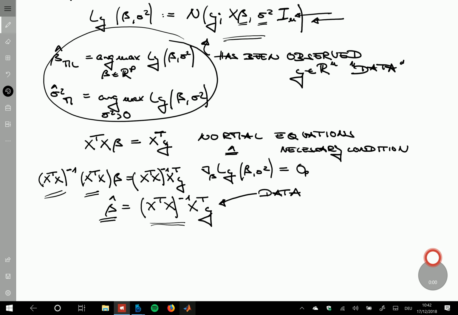Essentially what is happening is that you correlate the transpose of the design matrix with your data, so you compute the multiples of each entry of the design matrix with the data, and then you sum it all up, and if these multiples often go together, you get something large, and you normalize that by, in a way, the variance of the design matrix.